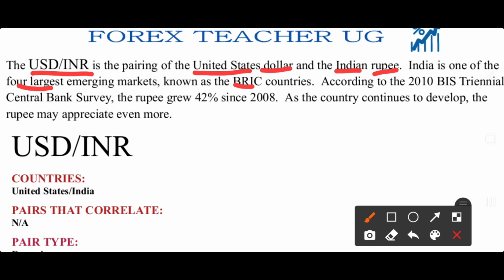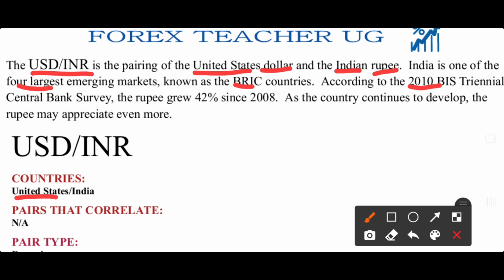It is strong in technology and bioscience technology, it's growing a lot in the stock markets, and it has a lot of manufacturing of products like cars, Tata, and the country has become quite big. According to the 2010 BIS Triennial Central Bank survey, the rupee grew 42% since 2008. As the country continues to develop, the rupee may appreciate even more.